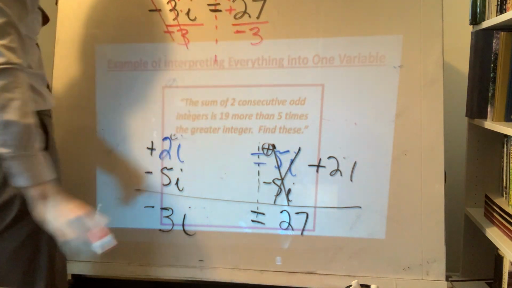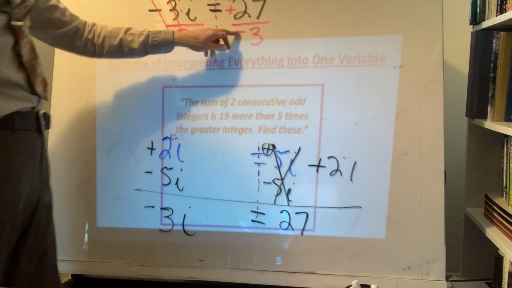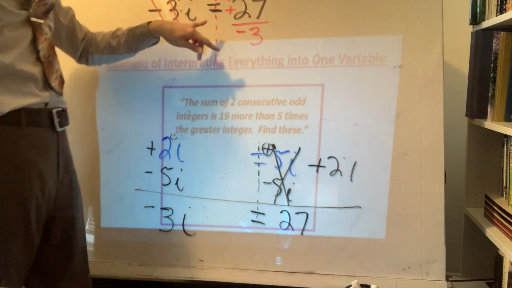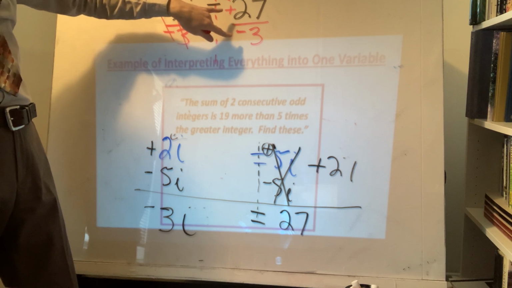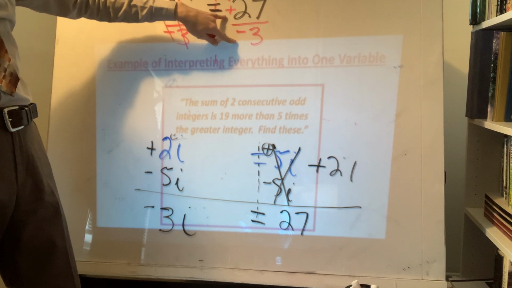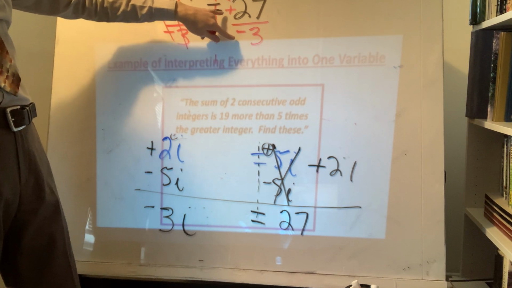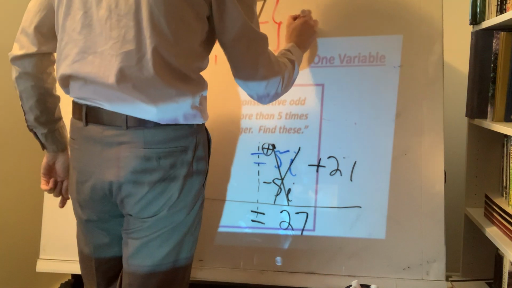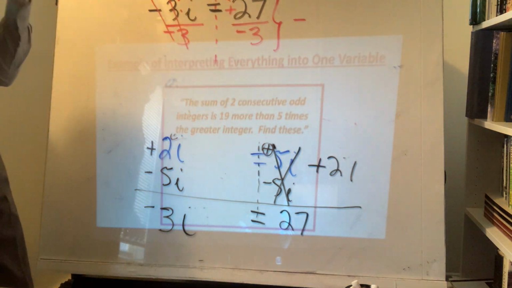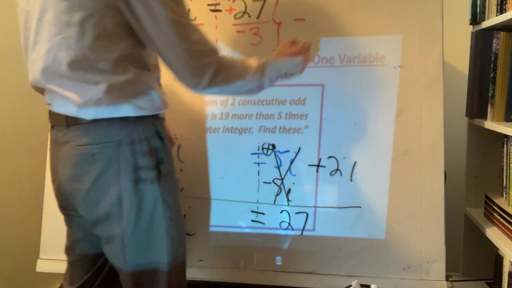This is technically a positive 27 and a negative 3. You can use your calculator again because we really didn't go into the discussion of integers here. But the set of rules for integers for adding and subtracting is also different from the set of rules for multiplying and dividing. When you have one of each, that just means that the answer is going to be negative. All right? 27 divided by 3 is 9.